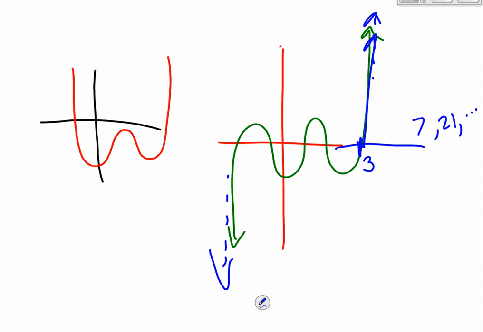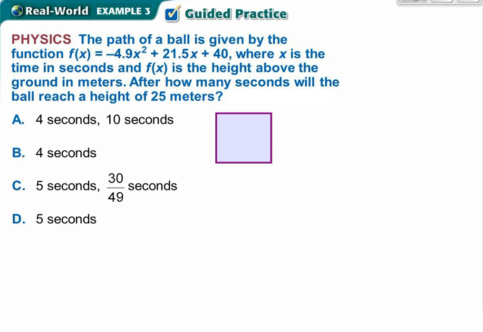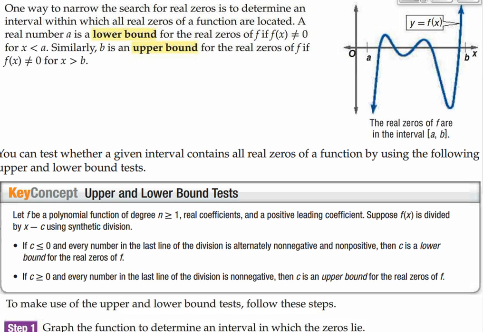So there are some rules that help us say, well, if you notice this, you can quit trying because this is an upper or lower bound. An upper or lower bound is just saying that if we've tried numbers here and we're getting this kind of answer, there's not going to be any zeros out there anymore.